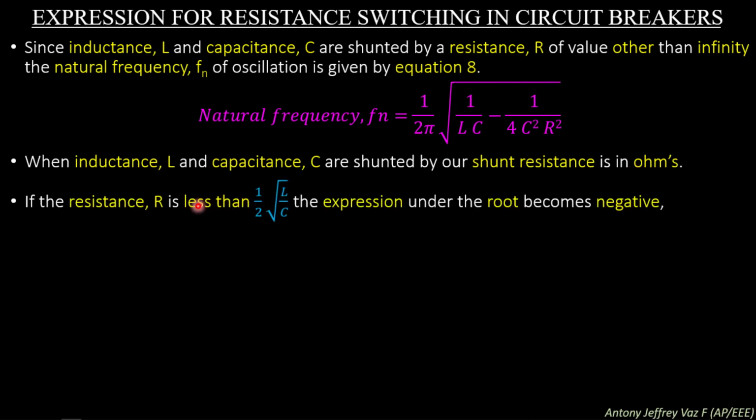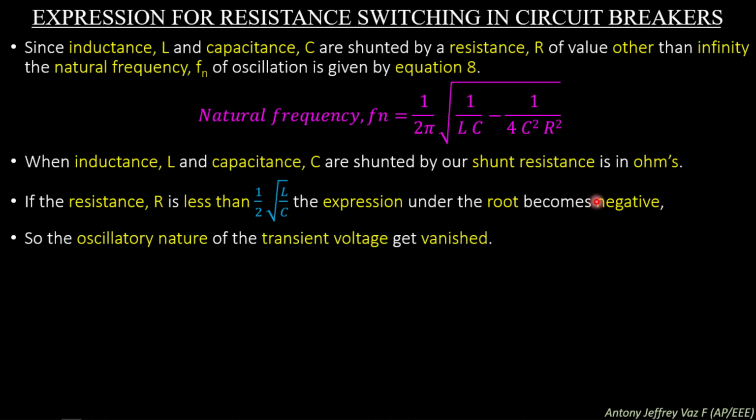If the resistance R is less than 1 by 2 into root of L by C, the expression under the root becomes negative. So the oscillatory nature of the transient voltage vanishes.